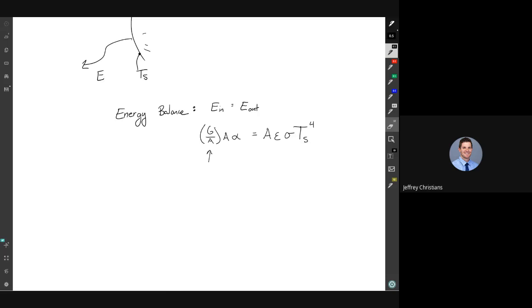Okay, so figure it out. Let's assume alpha and epsilon are about the same.